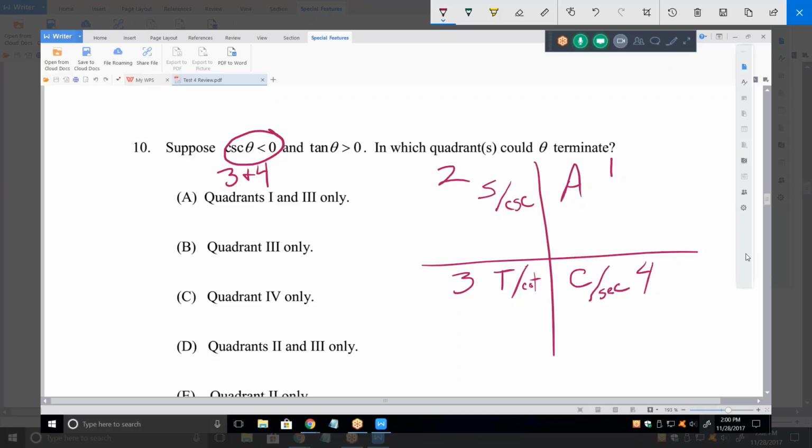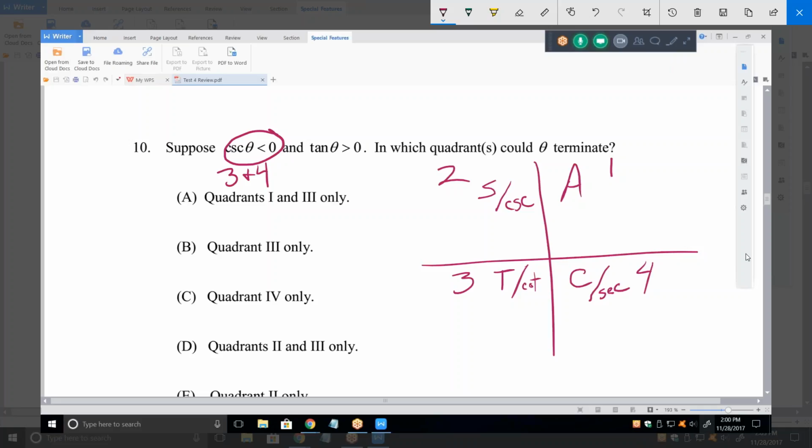Yeah. You see why? In other words, the sine, everything's positive in the first. And the sine is positive in the second, which means the cosecant is also positive. So if the cosecant's negative, it's got to be in the third or the fourth.